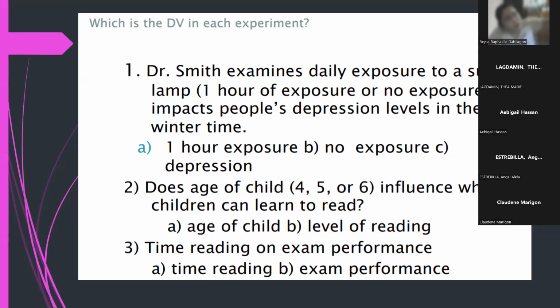So kung tataas ba yung time ng pagbabasa, does it mean tataas din yung exam score or the other way around? So meaning the exam score is the outcome, the dependent variable, and the time reading is the independent variable. Okay, so yun yung i-identify nyo ha in the conceptual framework.